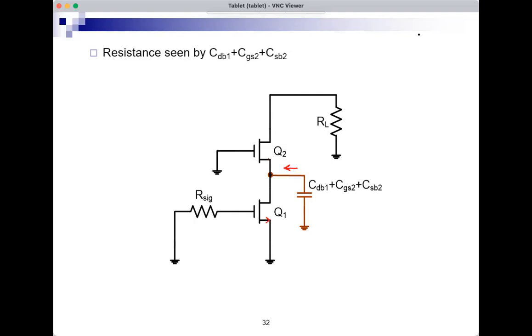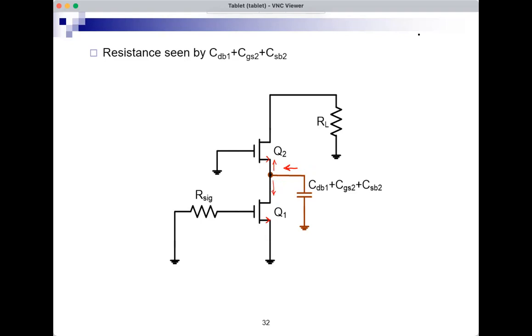I'm showing the MOSFETs as MOSFETs, but I'm doing small signal analysis just to keep the circuit simple and to use the formulas that we derived previously. This will be the resistance looking down in parallel with the resistance looking up. Because I look up and there's a resistance to ground, and I look down and there is a resistance to ground.